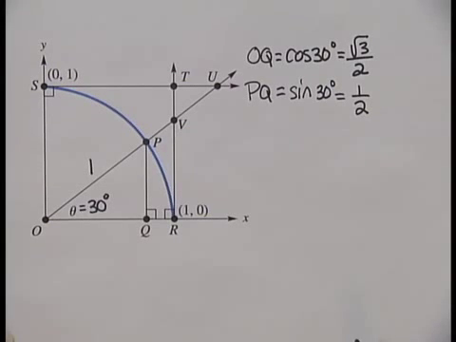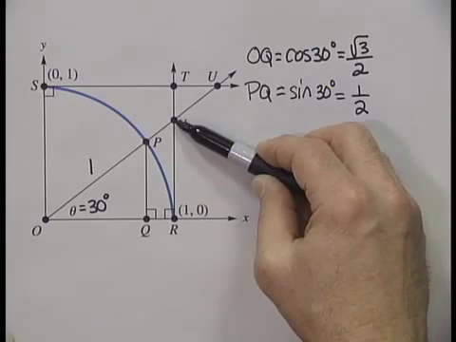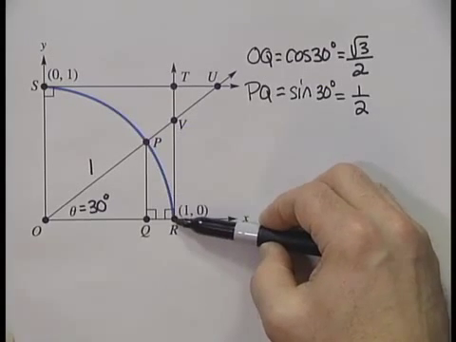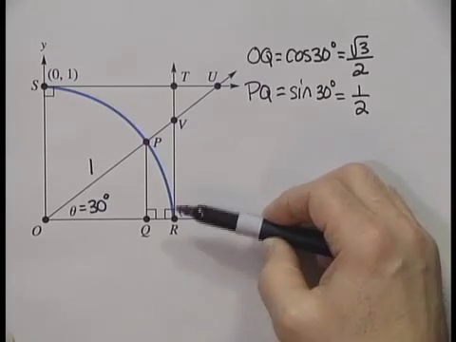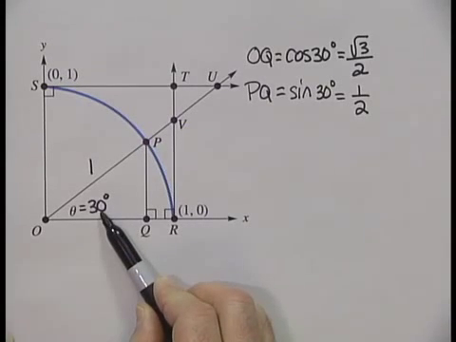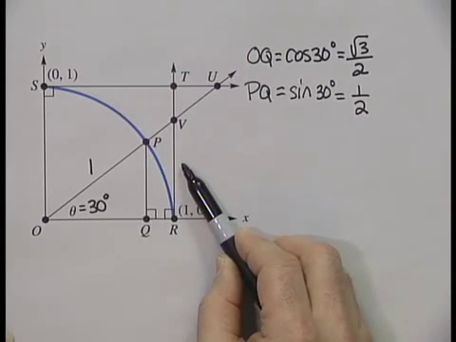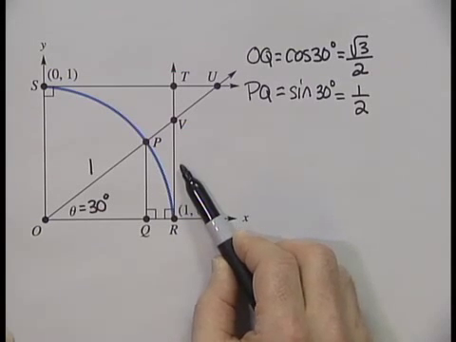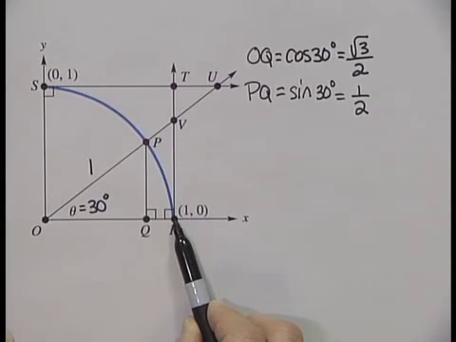Next, we'll find the side VR. VR is this side here. The tangent of 30 is going to be equal to the side opposite, which is VR, divided by the side adjacent to it, which would be OR.